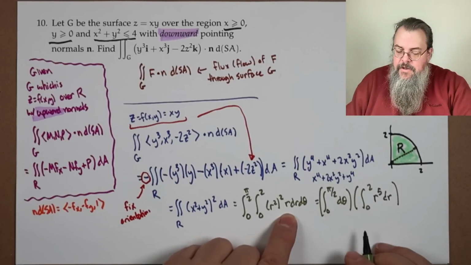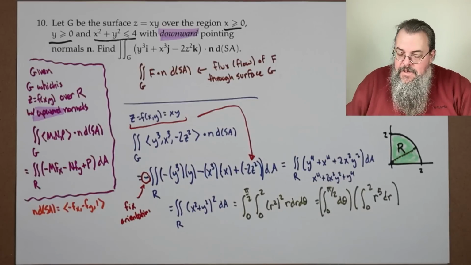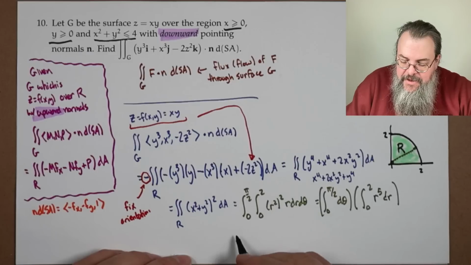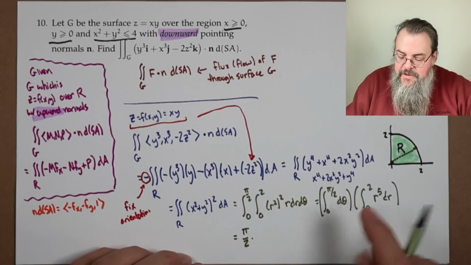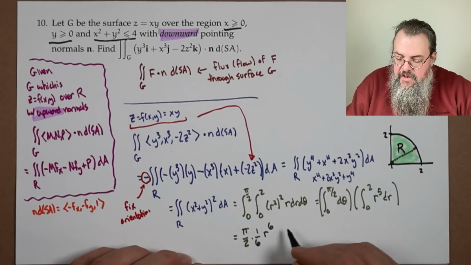All right, and now what? Well, the first part, that's pretty quick to do. That's theta from 0 to pi over 2, so that's just pi over 2. And then times r to the 5th, integral of that will be r to the 6 times a 1 over 6. And then we're going to evaluate from 0 to 2.